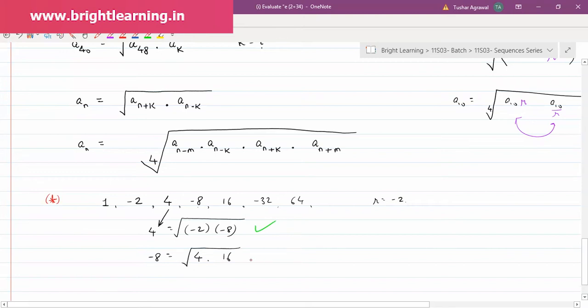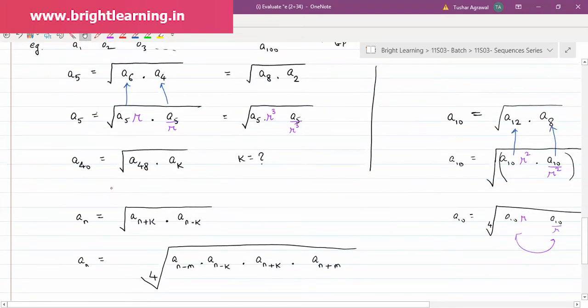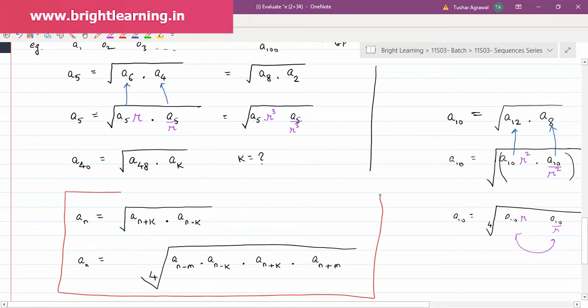So this is a completely wrong result. Magnitude wise they will always be correct, but sign wise it will be wrong, because under root, by the standard notation, is always used for the positive value. Okay. So there is a slight chance of a silly mistake. This is the remark that will be helpful.